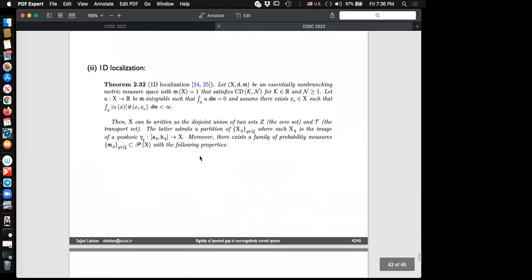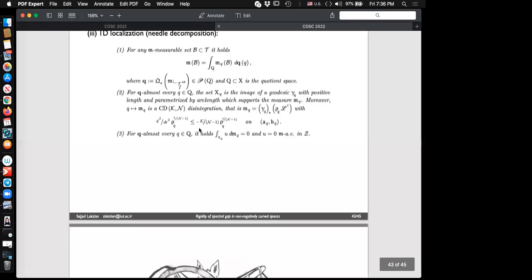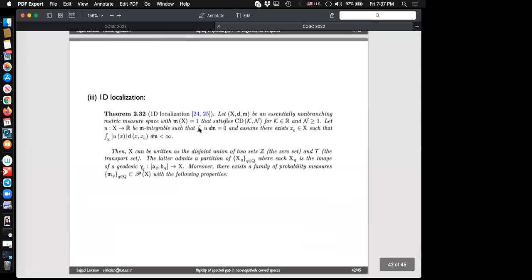If you have the right ingredients and all the hypotheses are satisfied, then you can use this 1D localization, which in our case, for the Neumann problem, you can formulate as minimizing Rayleigh quotients over functions whose integral is 0. There are two Rayleigh quotients that you can use to get the Neumann eigenfunctions.